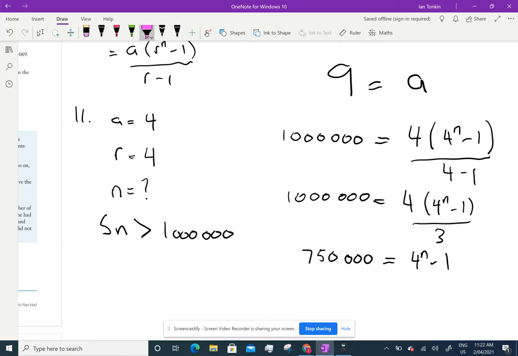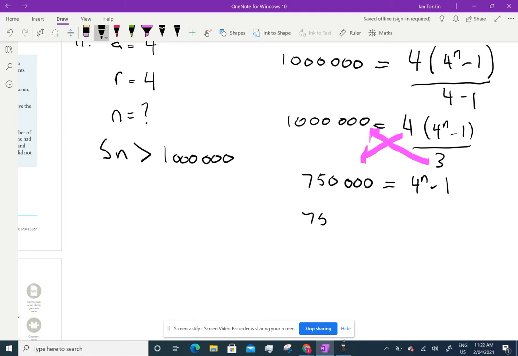Now remember what I just did, I divided by the 4 and I times by the 3, to get that 750,000. Now I add the 1 over, 750,001 equals 4 to the n. Now this is not going to come out as a neat answer because it's not going to be a definite integer that equals 1 million, and we'll just need the next one up.